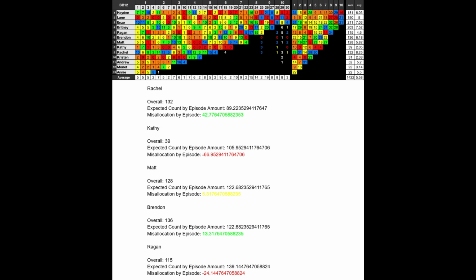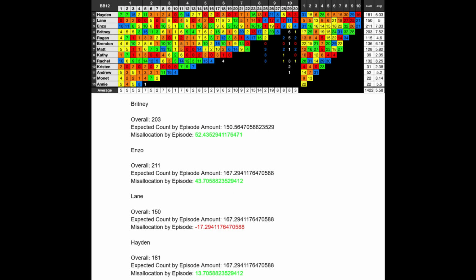His expected count by episode amount is 122, causing him to have a 13 misallocation, which is just barely above the average, and causes him to have a bit higher distribution. Reagan has 115 diary rooms. His expected count by episode amount is 139.14, causing him to have a negative 24 misallocation amount, so he has less distribution than he should.